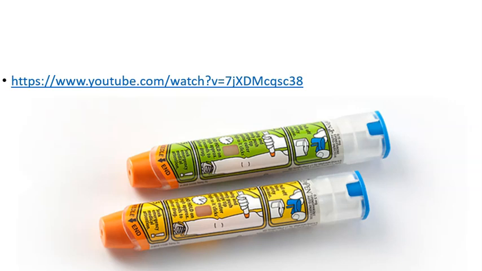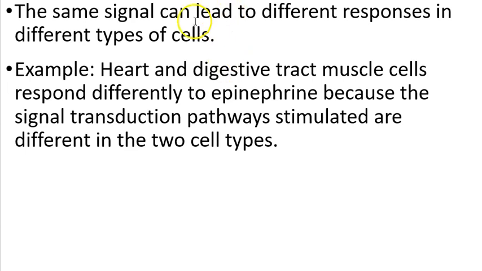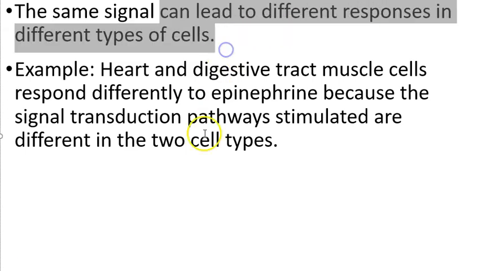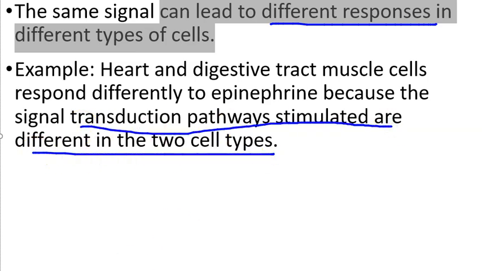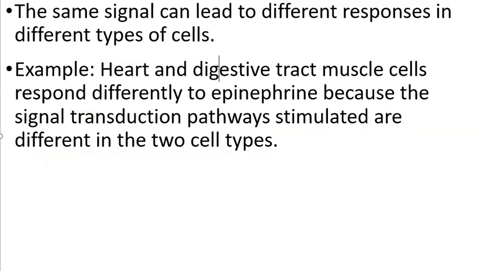It relaxes one type of airway, and constricts another. And so this is an example of how the same signal can lead to different responses in different types of cells. Why do we get different responses? Because the signal transduction pathways are different in the two cell types. Okay?